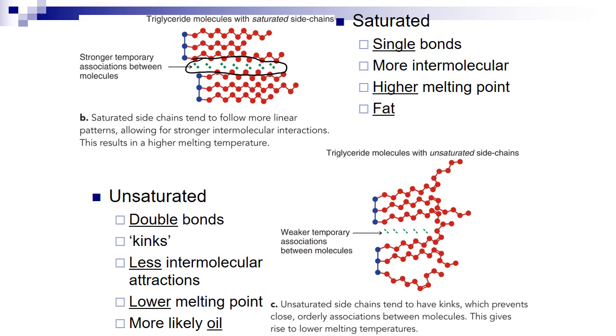There's going to be less intermolecular attractions because those chains aren't as close to one another. Overall, this is going to cause a lowering of the melting point, meaning that if those kinks can't stack very well, these are going to be things that are more likely to be oils. So most of our oils will have these unsaturated areas or these double bonds.